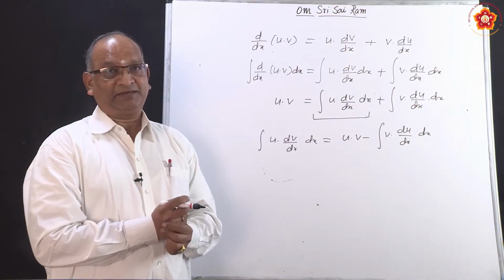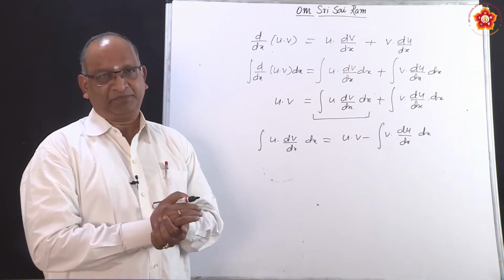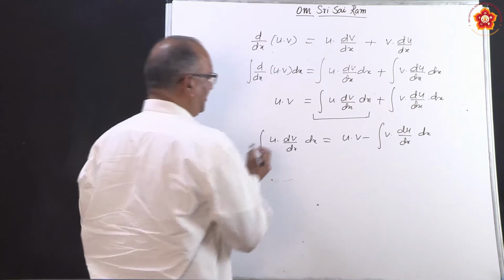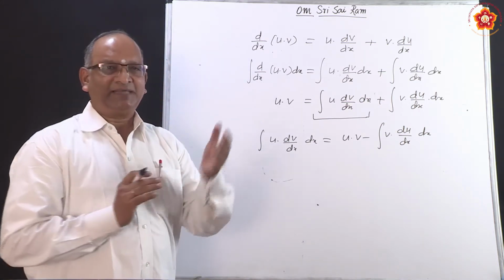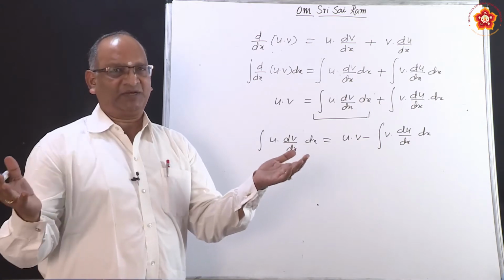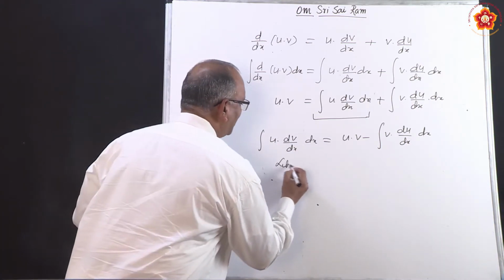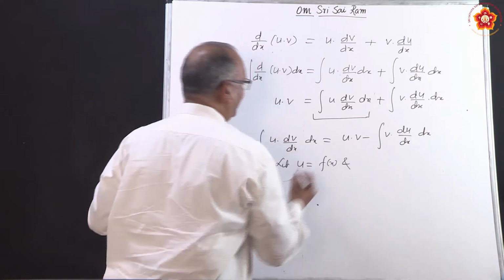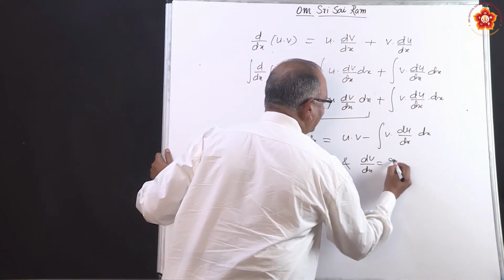Please pay attention. This particular step which we are going to write is a very significant step because that gives the formula. Now, we are talking about two functions. Generally we take u and v as functions, but right now we are assuming that u is equal to f of x and dv/dx is the second function.